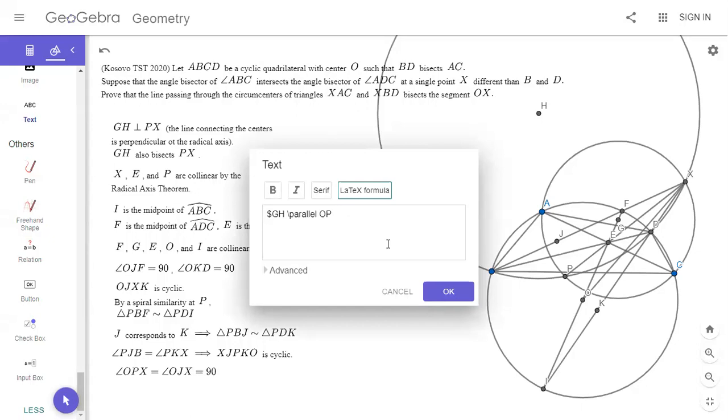So GH is parallel to OP and GH bisects XP. So that means that GH bisects OX.